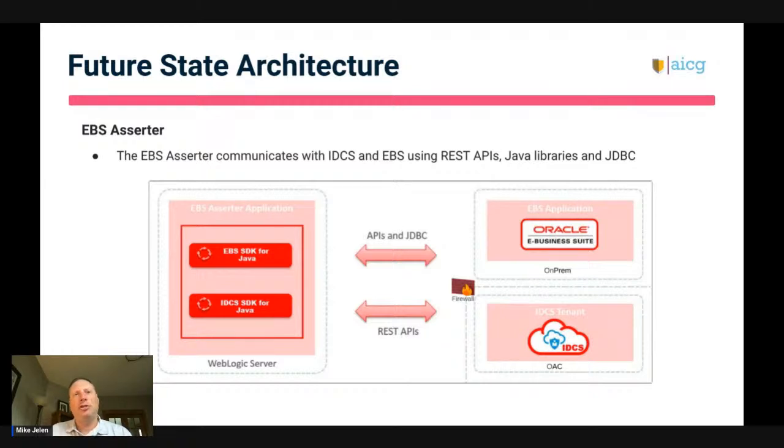And this is a general industry standard to use APIs or JDBC connections in order to handle the communication, whether it's security, whether it's data, whether it's application integration. Everything revolves around REST APIs and JDBC.